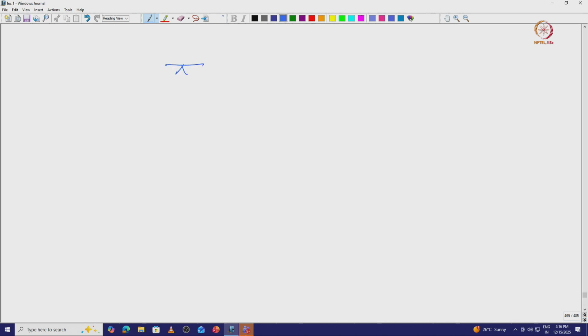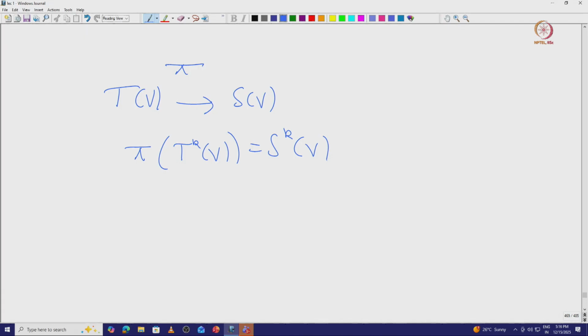So, you have this natural projection from T of V to S of V, and if we take pi of T^k of V, we can denote it by S^k of V, the kth graded piece of S of V. Then it is easy to see that S of V is again the direct sum of these S^k of V, k ranging from 0 to infinity.